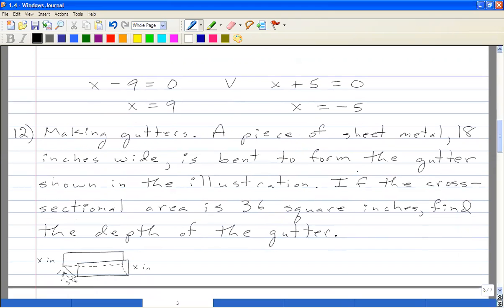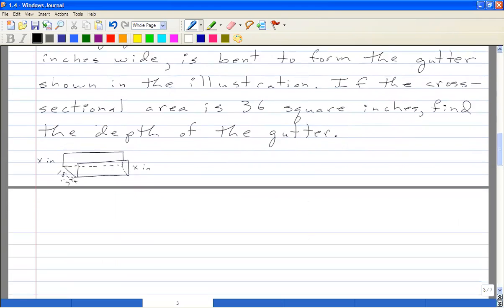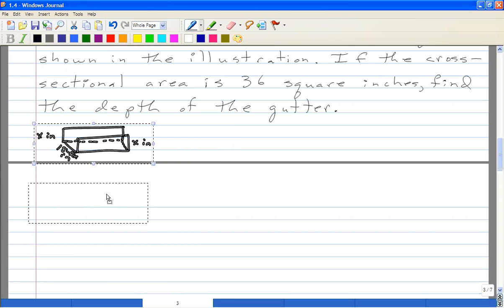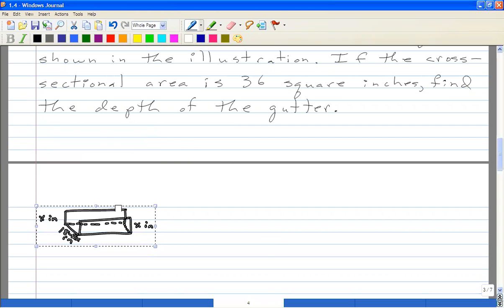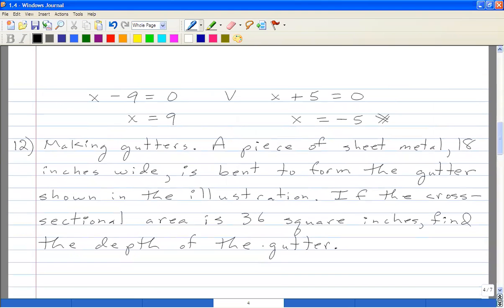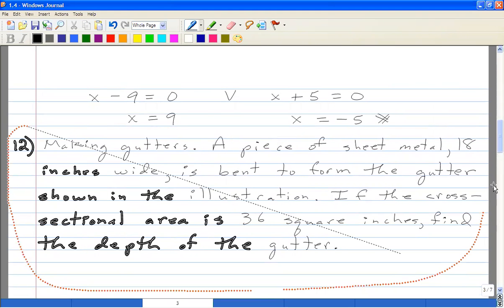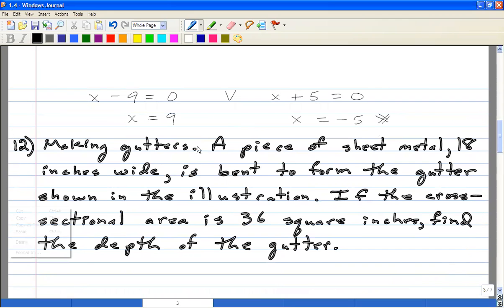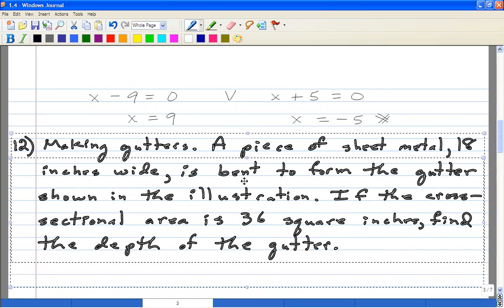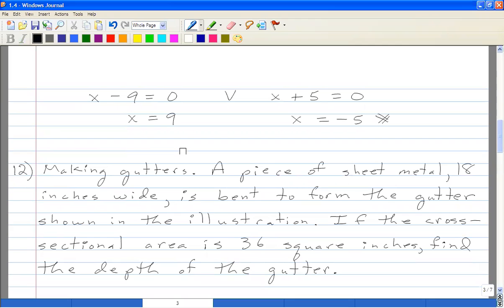Well, I can't have a negative length, since this x here is the length of the side of a square. I can't have that be negative. And so the length of one side of the square will be 9 centimeters.